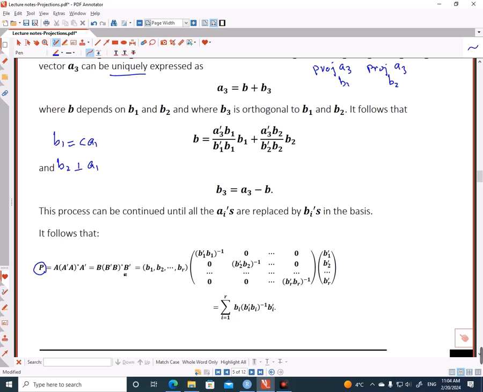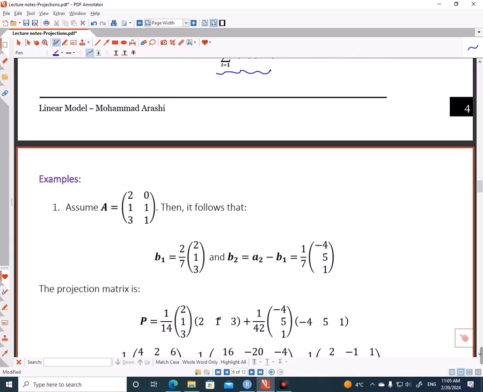But remember, if the columns are orthogonal, I have a nice representation for that, and then I can represent the projection matrix based on the elements of B. And now we got the convenient representation for the projection matrix.